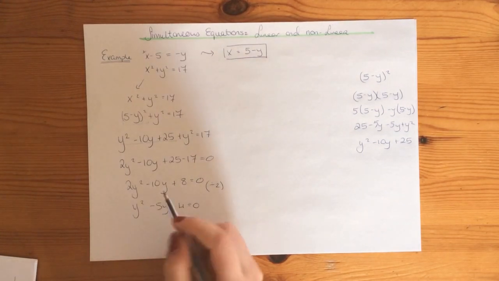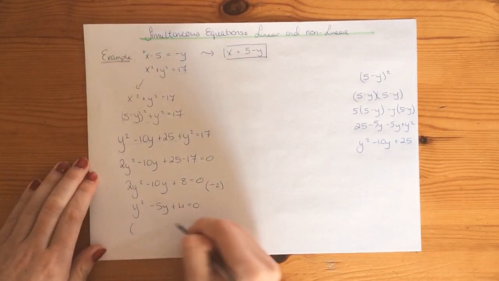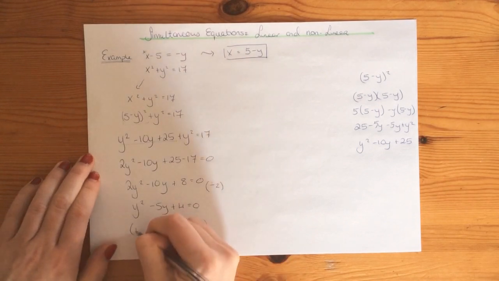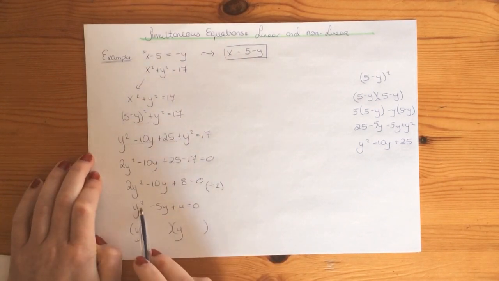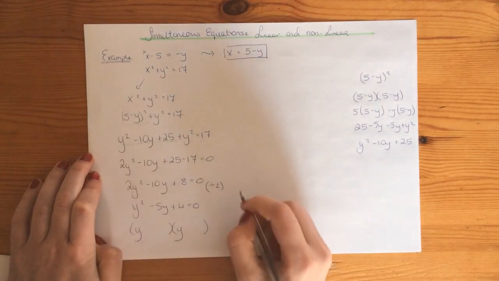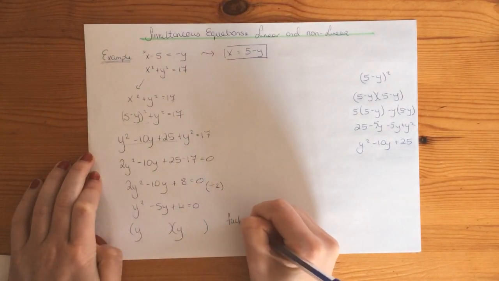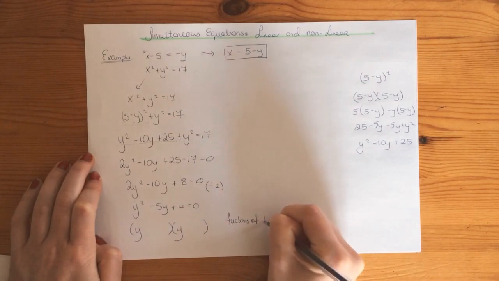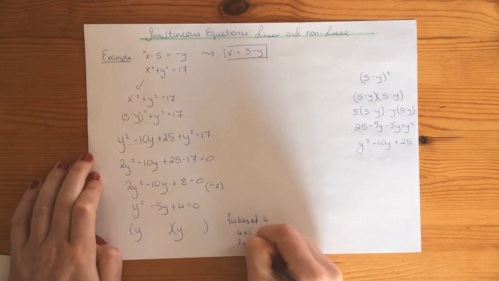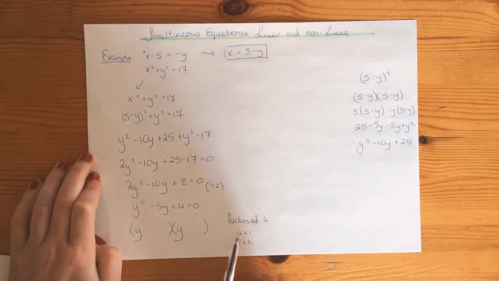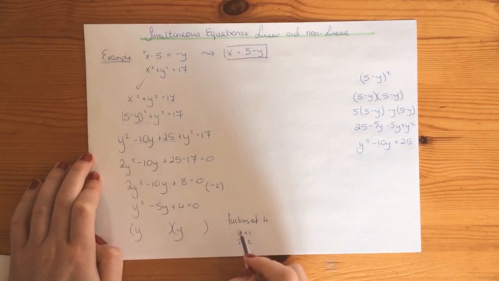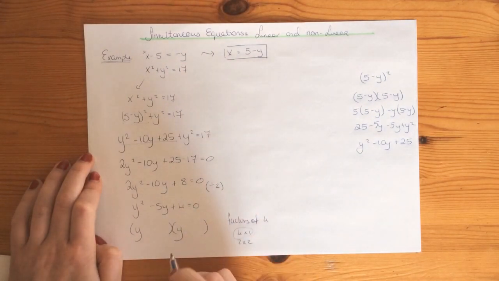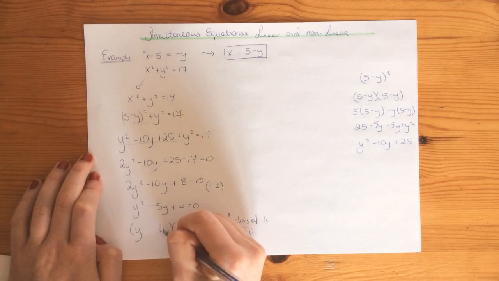Then open up your double brackets to factorize. Go y and y, because y times y gives me y squared. Now I want my factors of 4. It's going to be 4 times 1 or 2 times 2. I need to choose which set of factors multiply to give me 4 and add to give me 5. Obviously it's the top ones, so I'm going to put in 4 and 1.